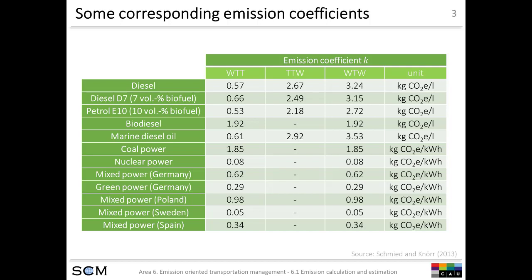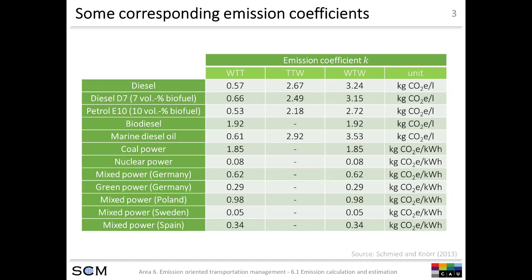Diesel causes well-to-tank emissions of 0.57 kilogram carbon dioxide per liter, tank-to-wheel emissions of 2.67 kilogram carbon dioxide per liter, which sums up to well-to-wheel emissions of 3.24 kg carbon dioxide per liter.